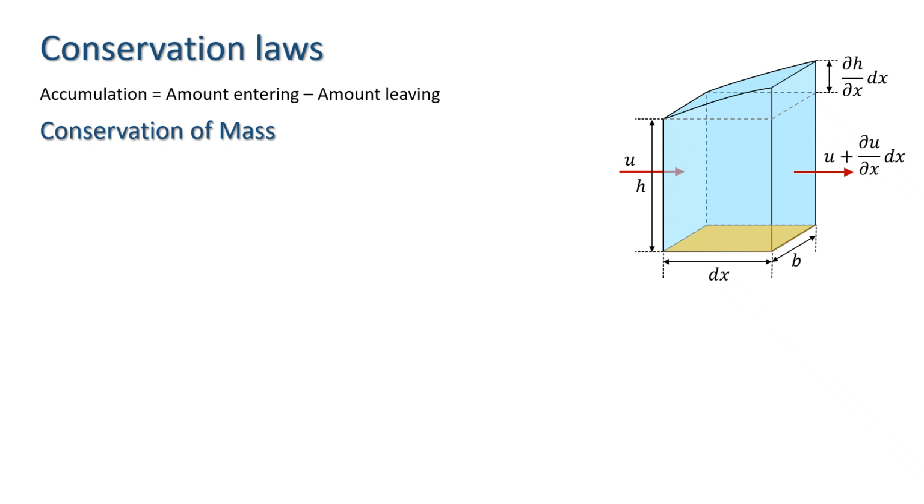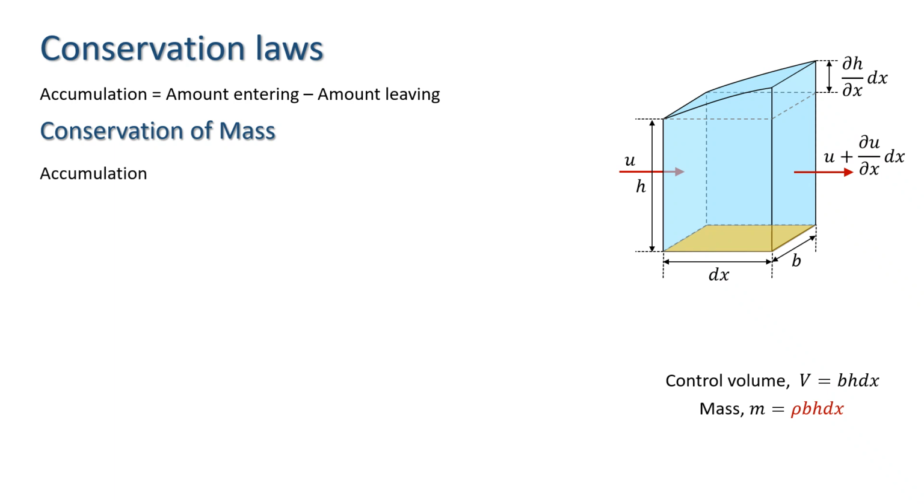We are ultimately going to integrate, allowing dx to tend to 0, so the control volume v can be evaluated simply as its width b times its height, which is the water depth h at position x, times its length dx. Thus, the mass of the fluid within the control volume is ρbh dx, where ρ is the fluid density.